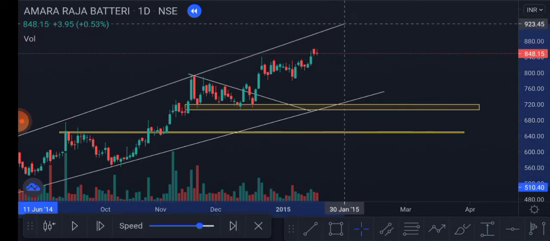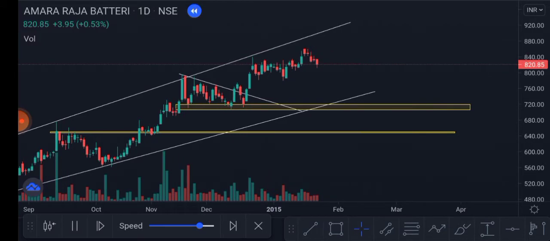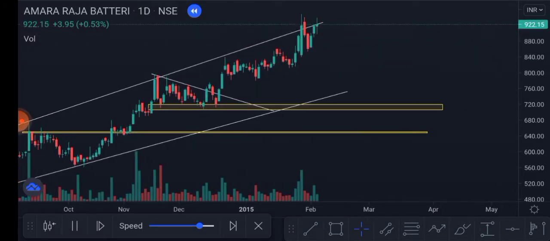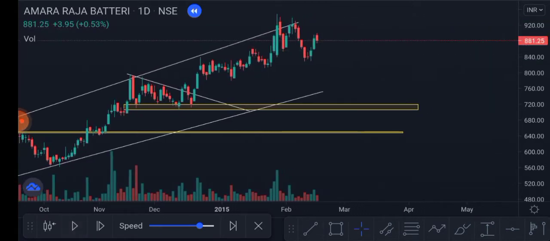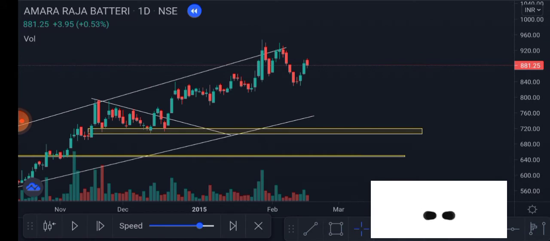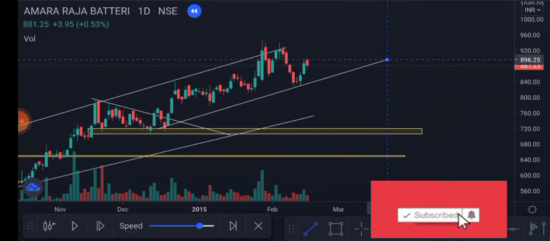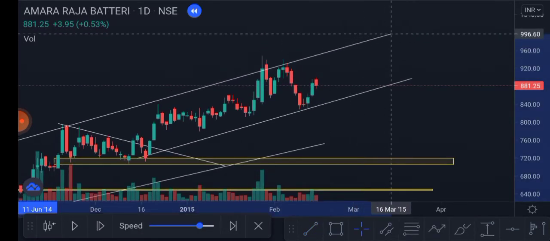Let's extend this line. Okay, we can see a trend line here. This is a trend line, and this is the resistance area.